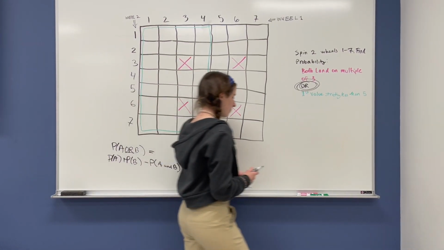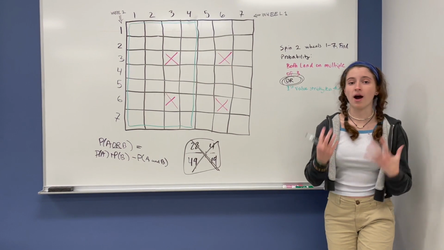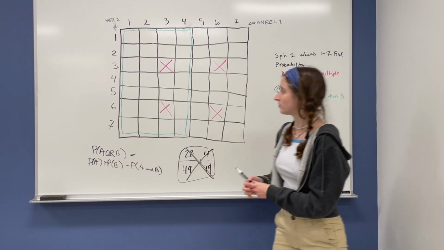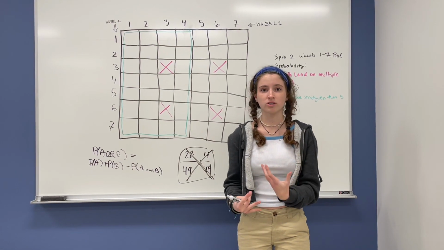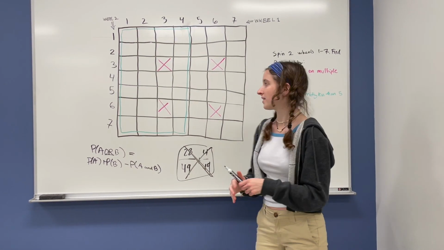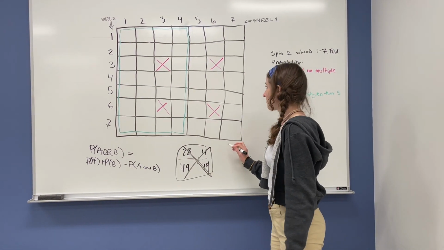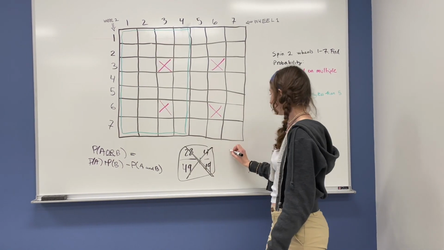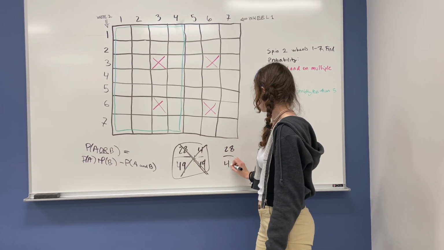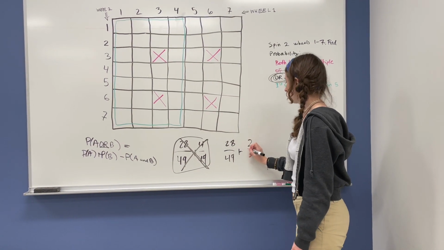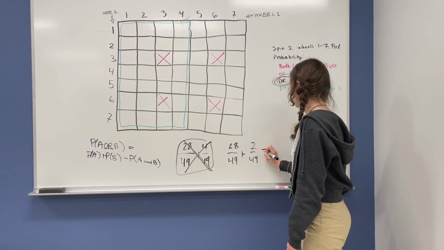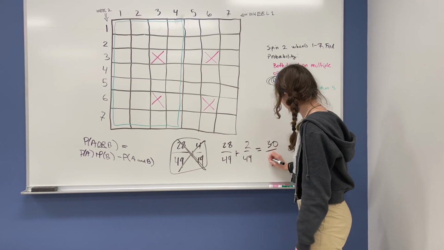So instead, all you do is count every unique box that is marked. Like instead of counting this box twice, it's just marked, period, so you count it one time. And what you'll get from that is, all right, we have 28 here, plus the 2 that are left outside the OR. And you will get 30 out of 49.